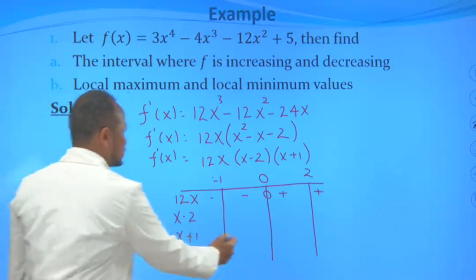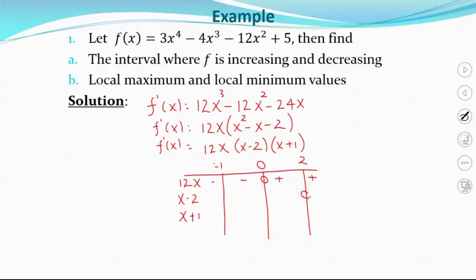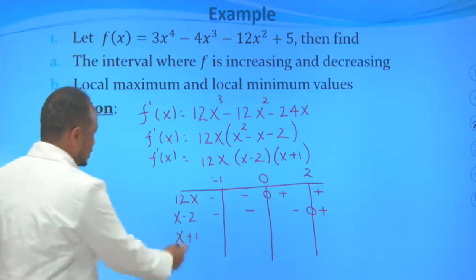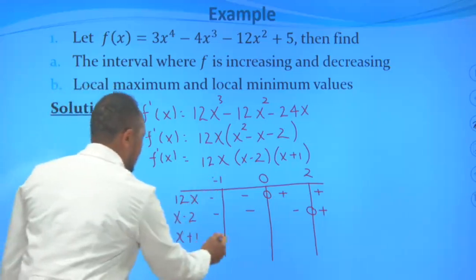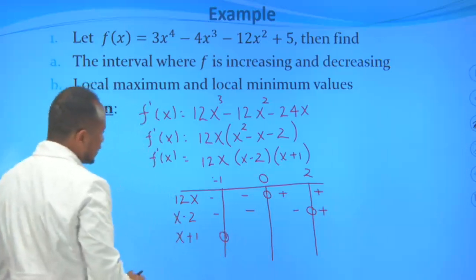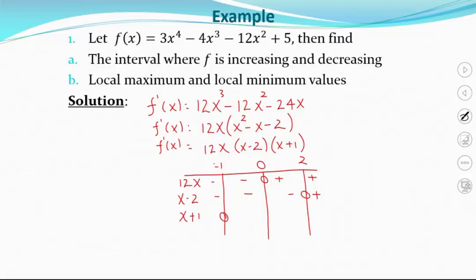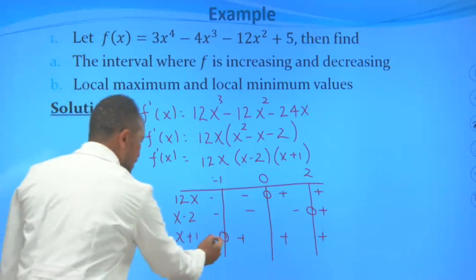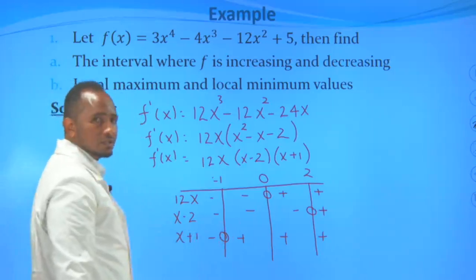And x minus 2 is 0 when you put 2. If you put a number greater than 2, it will be plus, and for the other part it will be minus. x plus 1 will be 0 at x equals -1, and it will be plus for a number greater than -1, and negative for x less than -1.